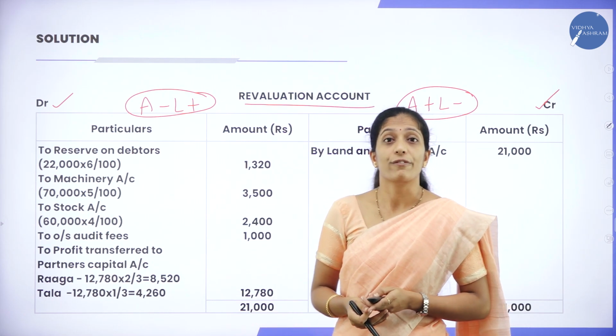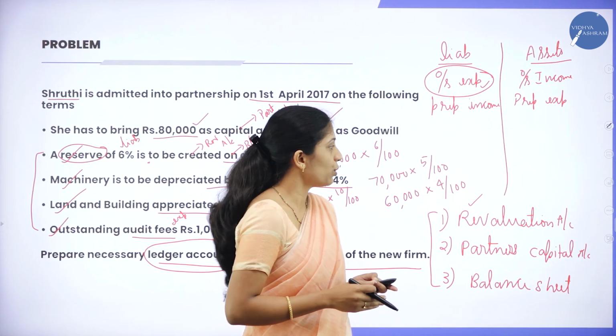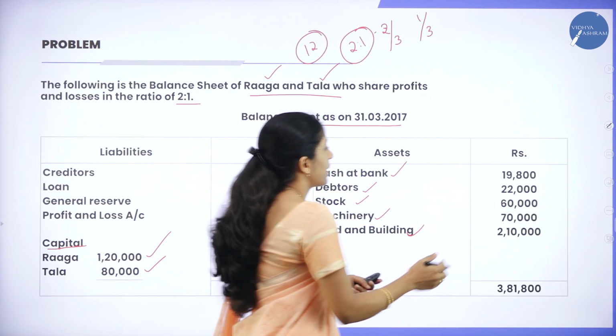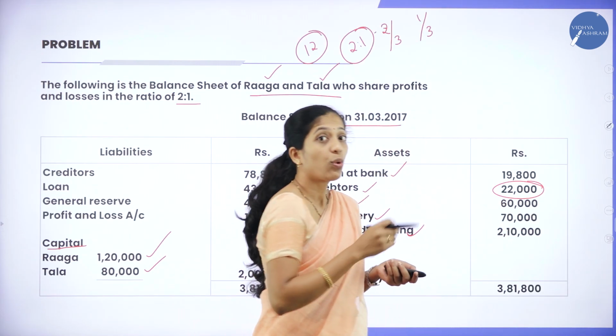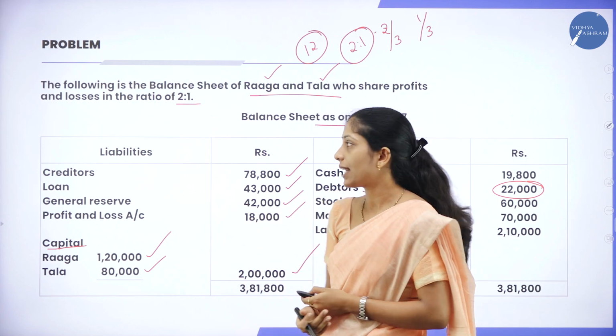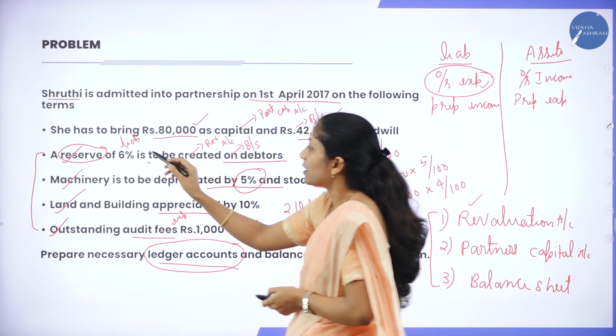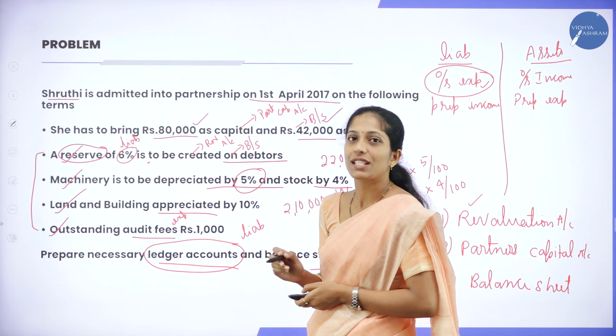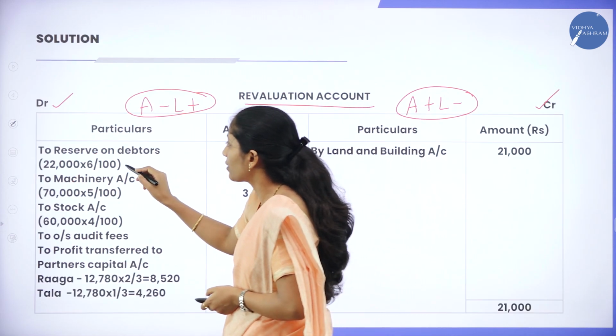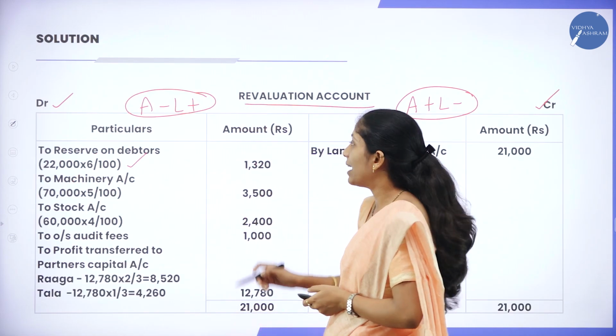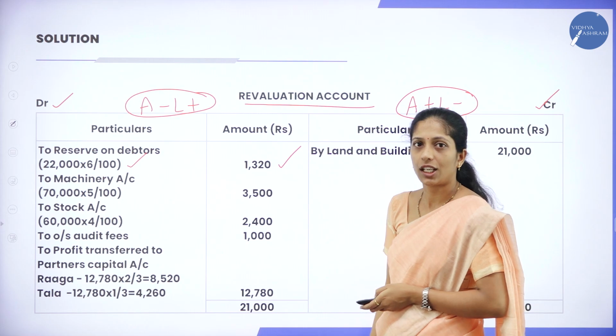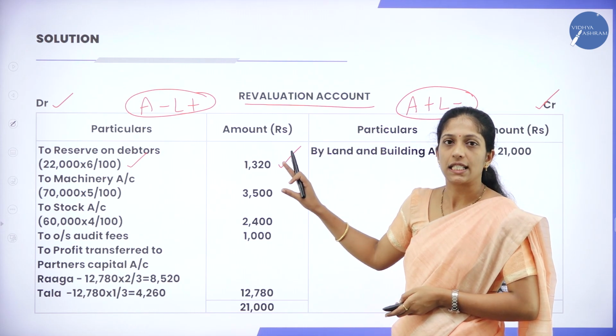Now, what is the value of debtors? That is 22,000. What is the percentage of reserve to be created? That is 6%. So, 22,000 into 6 divided by 100, you'll get 1,320. Hope you are clear with the first adjustment.